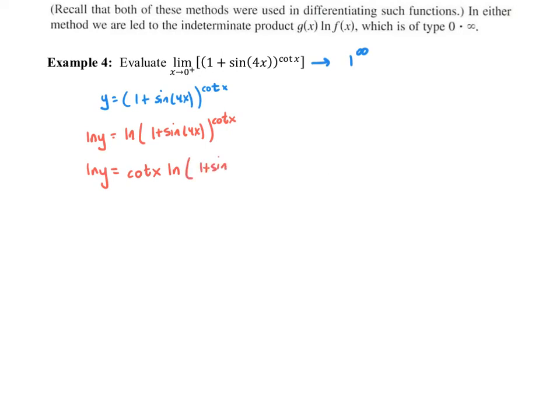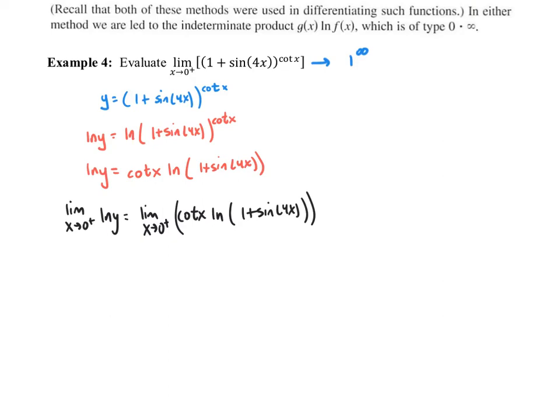That was sort of the key to using the natural logarithm, because you want to make sure that you can access the exponent, which in this case was cotangent of x. Okay, the next step is that we're going to take the limit of both sides. So we have the limit as x goes to 0 from the right of the natural log of y, and the limit as x goes to 0 from the right of cotangent of x times natural log of 1 plus sine of 4x.